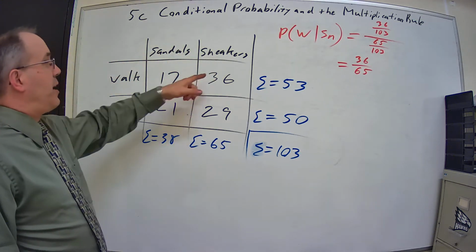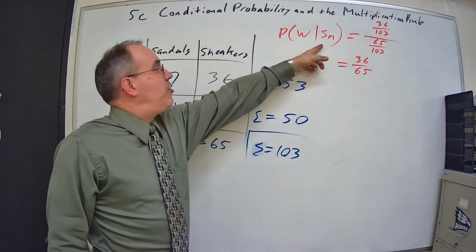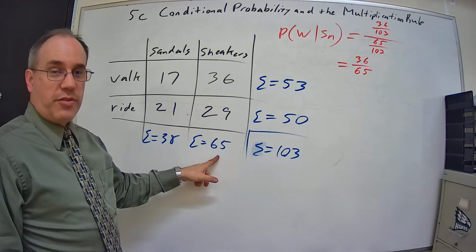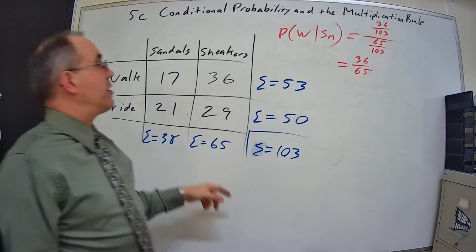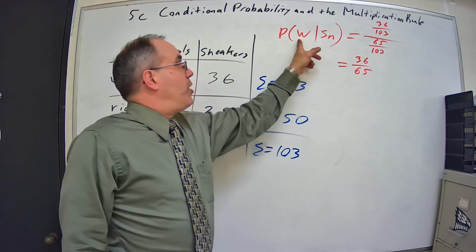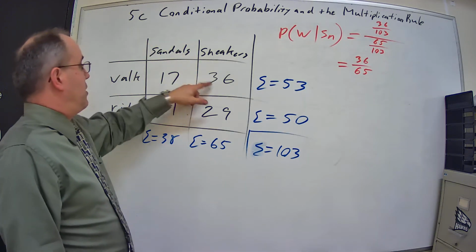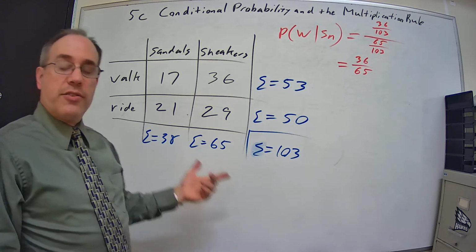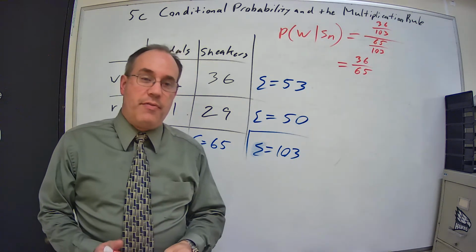Which makes sense if we look at it. We know that they wear sneakers. There are 65 people who are wearing sneakers. And we want the probability that they walk. There are 36 people who walk out of those 65. So 36 over 65.